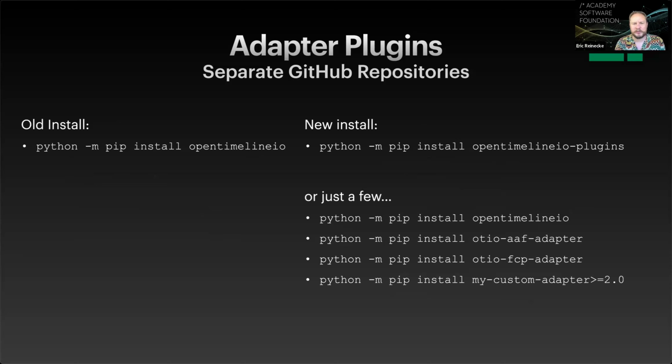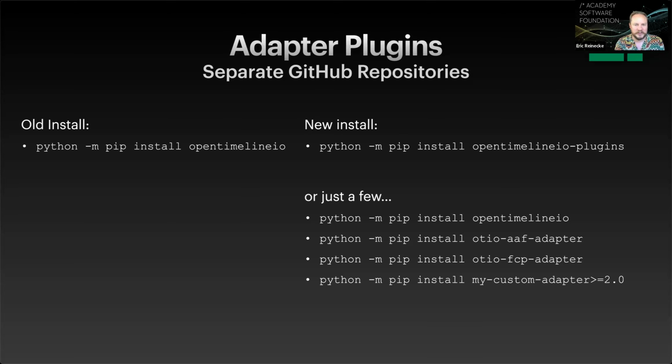This new arrangement also allows a lot more flexibility in how users of OTIO can pick and choose their adapter combinations. For users that enjoyed having the batteries included experience, simply installing the OpenTimelineIO plugins PyPI package gives them the same experience they always had.